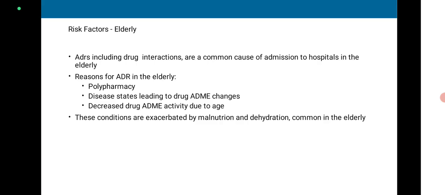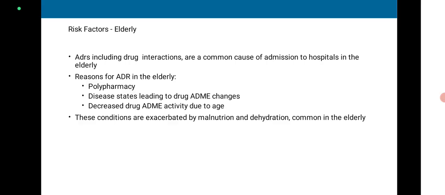And elderly people are at higher risk of developing an ADR because those patients are more prone to have polypharmacy, multiple disease states, and changes in drug ADME due to advancing age.